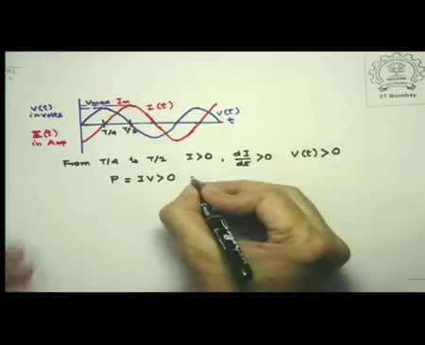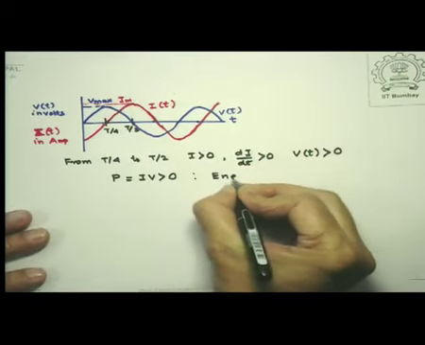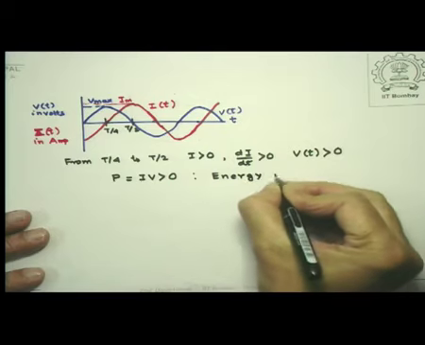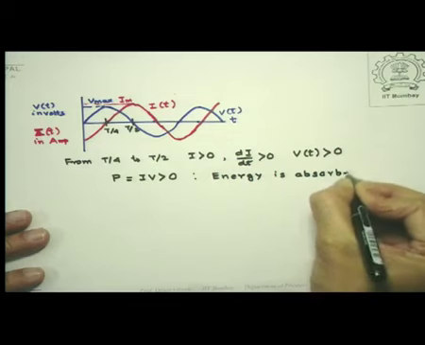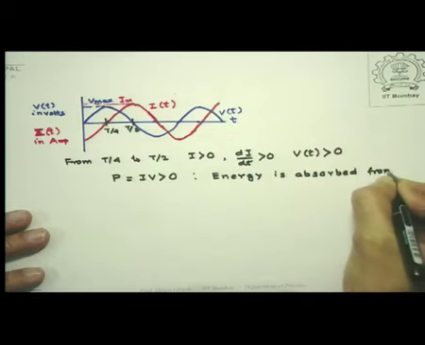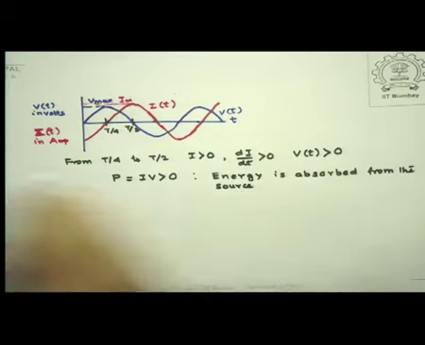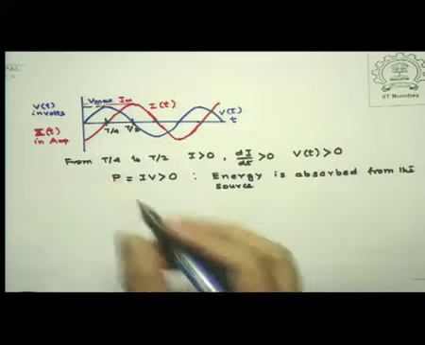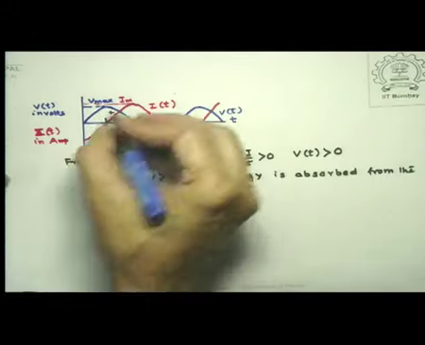Since the power is greater than 0, it implies that the energy is absorbed from the source. So my signatures are the following: voltage plus, current plus.